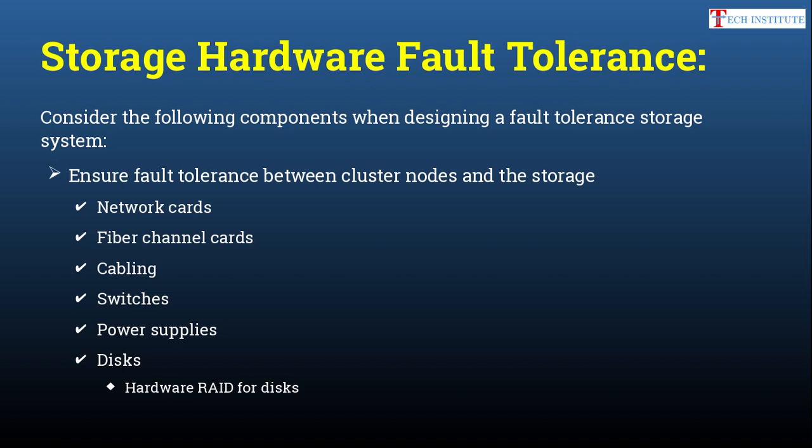So like this you can plan your storage and select whether you need shared storage or not. If you are going with shared storage, consider what kind of file system and how the usage will be, and based on that and your budget, you can select what storage solution to use for your cluster, and build fault tolerance into your design so that you eliminate all the single points of failure.